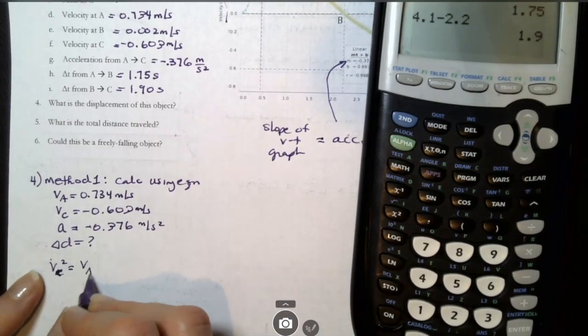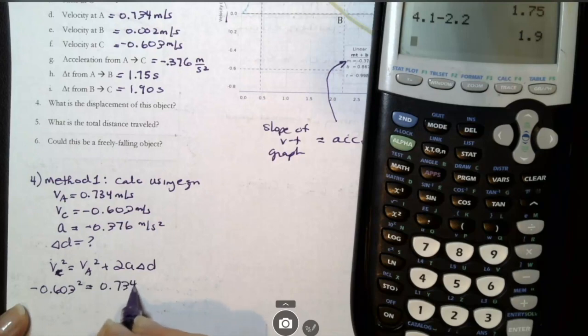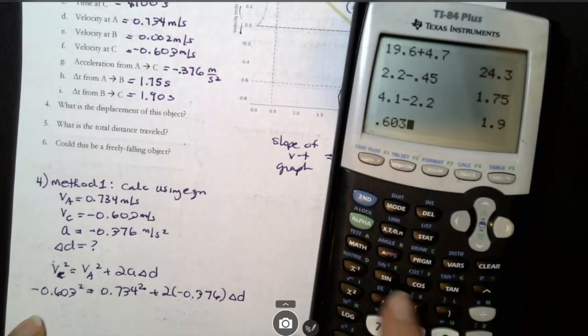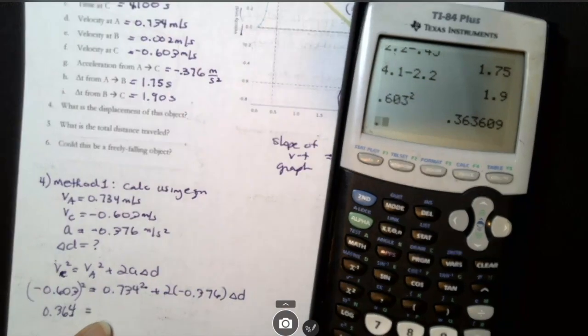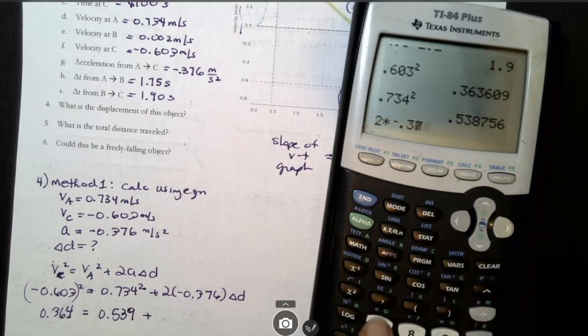So you can do that like this. That would be negative 0.603 squared equals 0.734 squared, plus 2 times negative 0.376 times delta D. So let's go through it. 0.603 squared is 0.364, and 0.734 squared is about 0.539, and then 2 times negative 0.376.